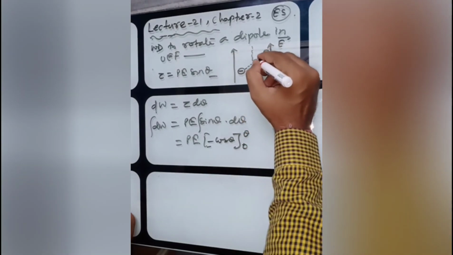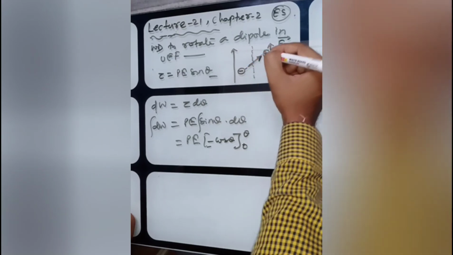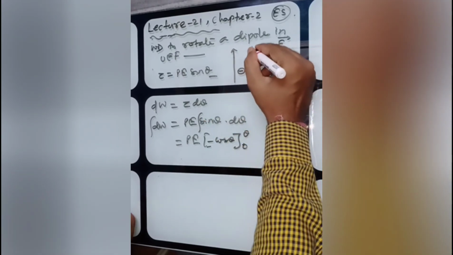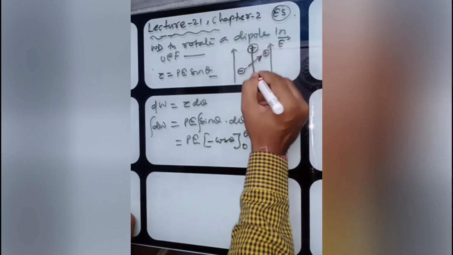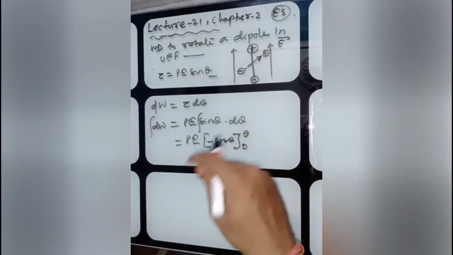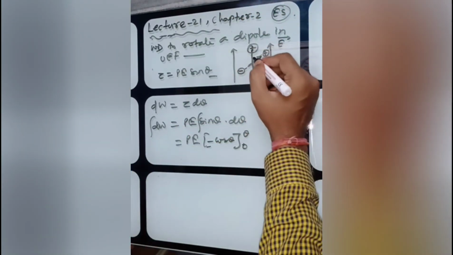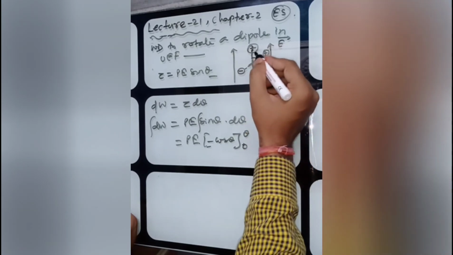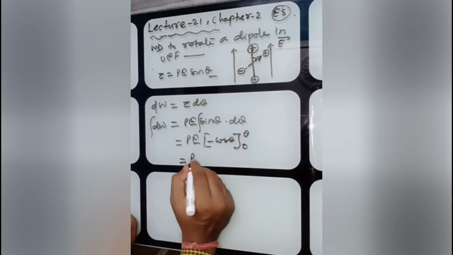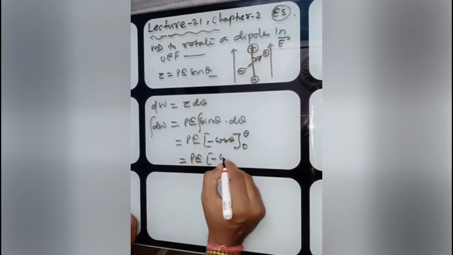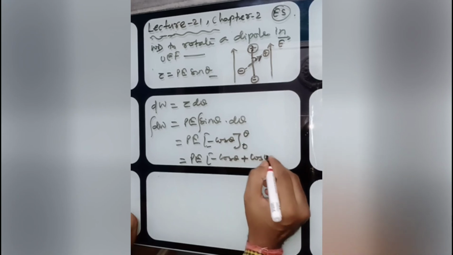This is the dipole moment. If you leave this dipole, it will move in this direction, plus will align here and minus will align here. It means you have to do the work to rotate this dipole in this way. So if you rotate by theta, from 0 to theta, then this will be PE minus cos theta minus minus plus cos 0.